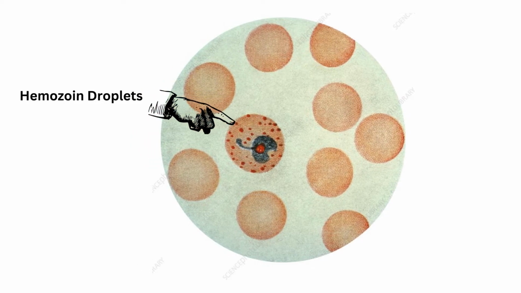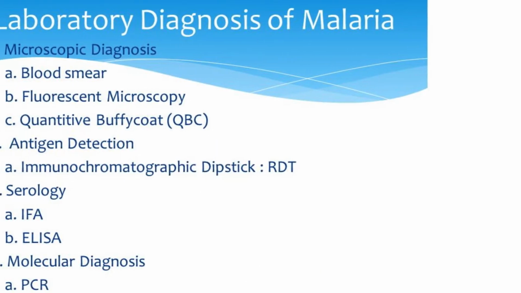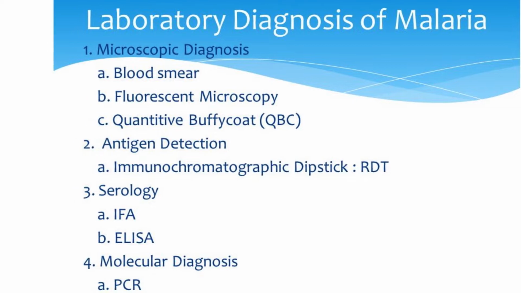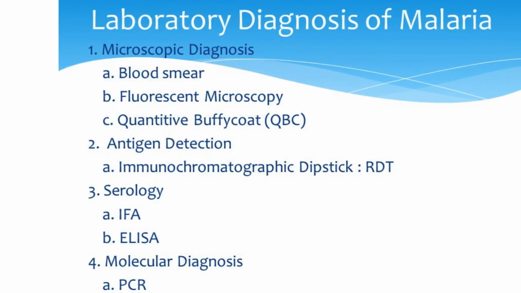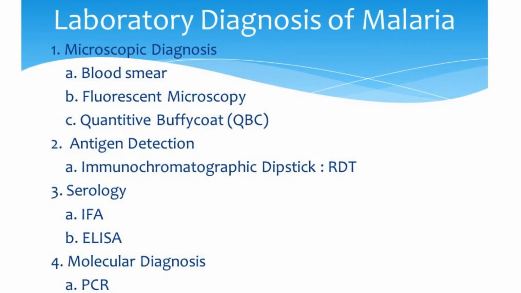So today we will focus on the diagnosis of this parasite in the laboratory. Malaria can be diagnosed by different kinds of methods. The first, most well-known, and gold standard method of diagnosis of malaria in the laboratory is microscopy, which uses thick and thin smears of blood film.